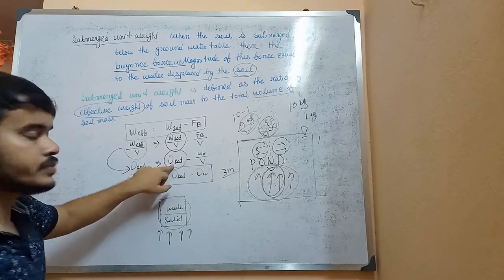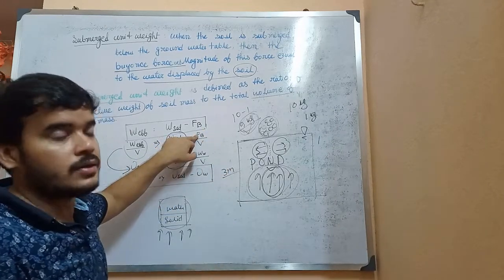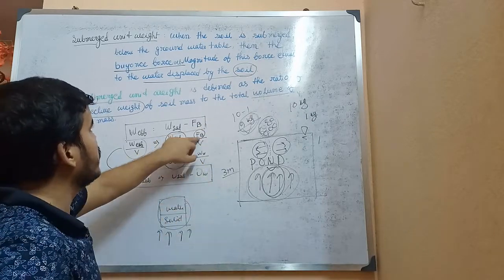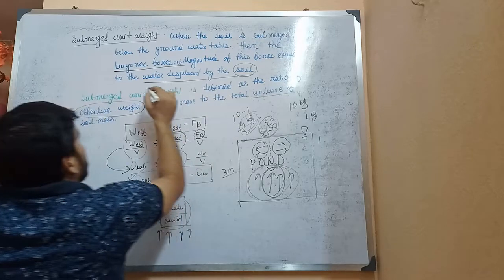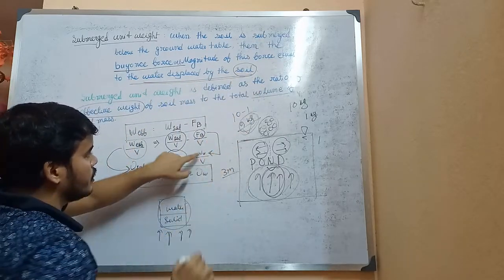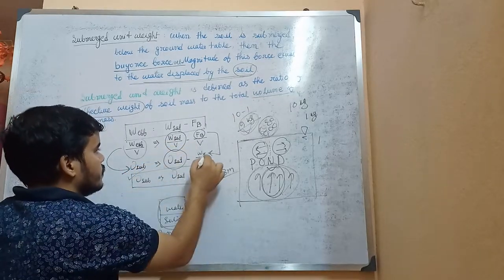Saturated unit weight. Now FB by V, the buoyancy force. What have we learned about the value of this buoyant force? It is equal to the weight of the water displaced by the soil. That means it is the weight of the water, Ww, displaced by the soil, divided by total volume.